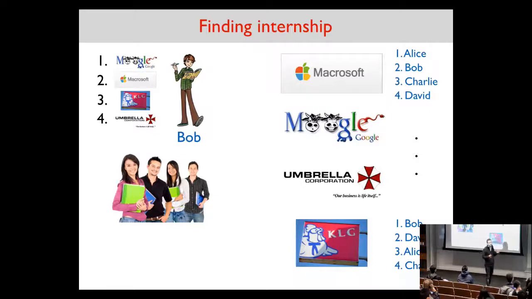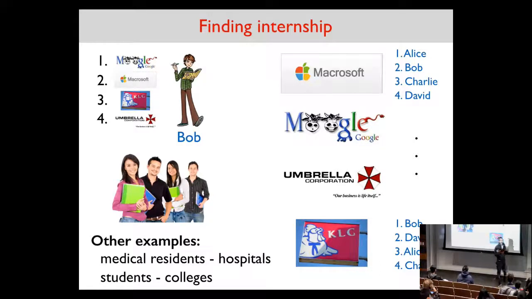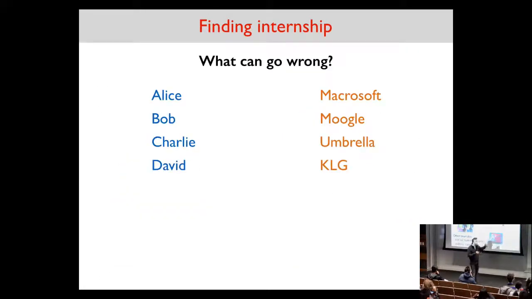And each company has its own ranking. Okay? So this is, of course, one particular example, like finding an internship, but you can imagine this scenario being similar if, let's say, medical residents are trying to be matched with hospitals, or students applying to colleges. And there are some other very natural examples where this kind of situation arises.